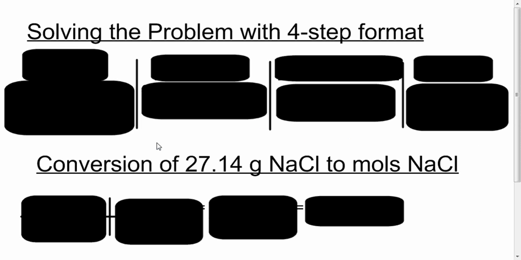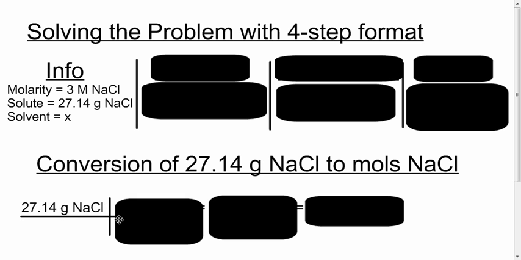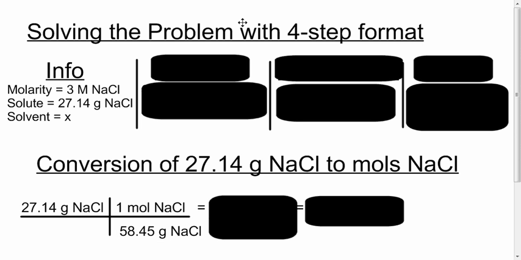Now, to solve this using the 4-step format, I'm going to first find my info. I knew that I had a 3 molar solution and I had 27 grams of salt. And I'd have to convert that to moles in order to proceed. So I'd set it up on my bracket, 27.14 on the top left, and then I'm going to arrange my molar mass across from each other.